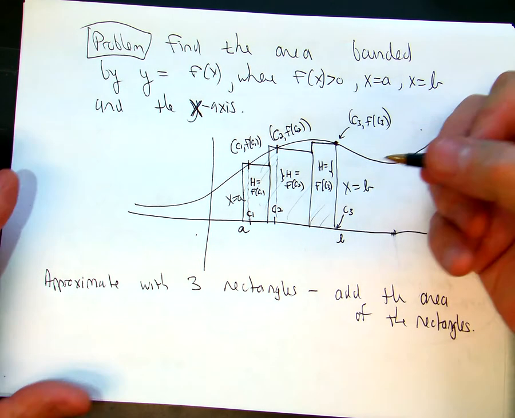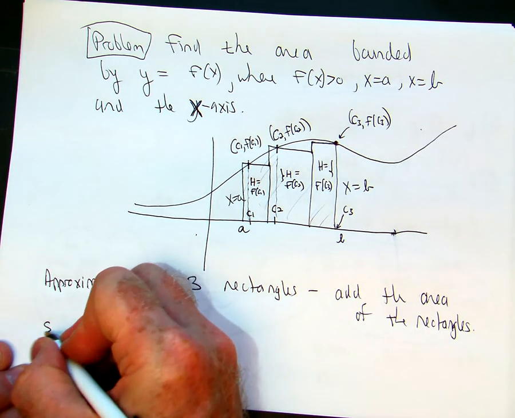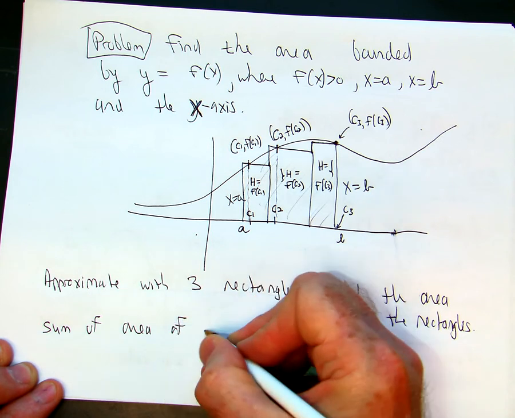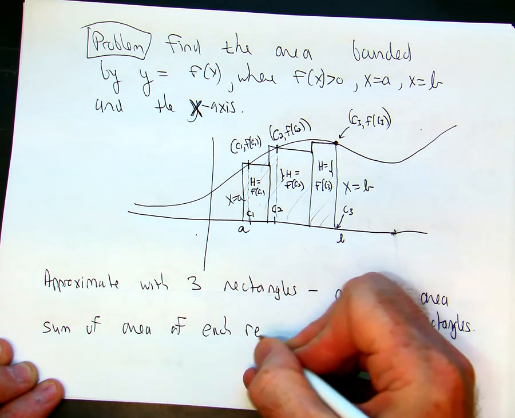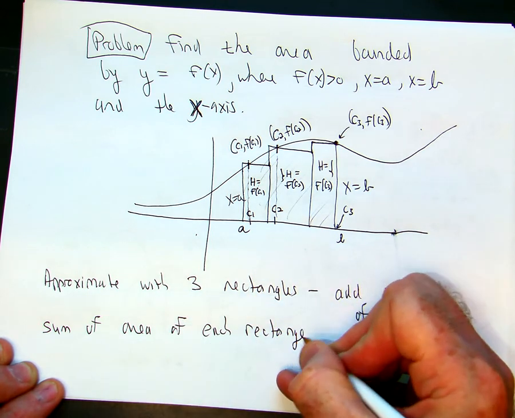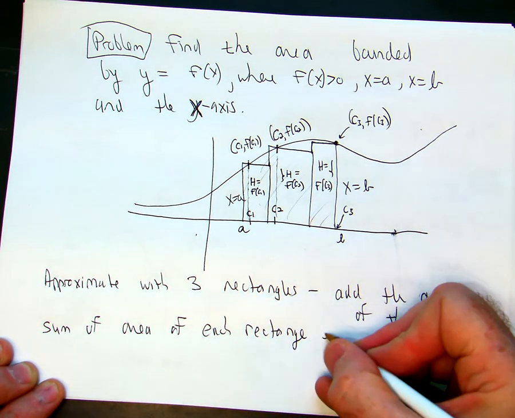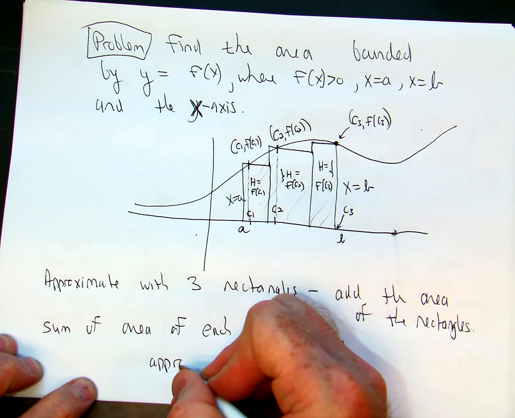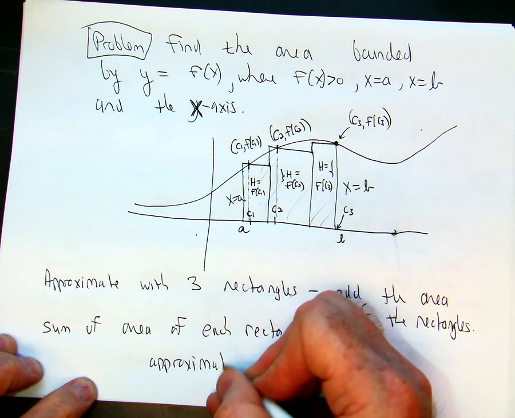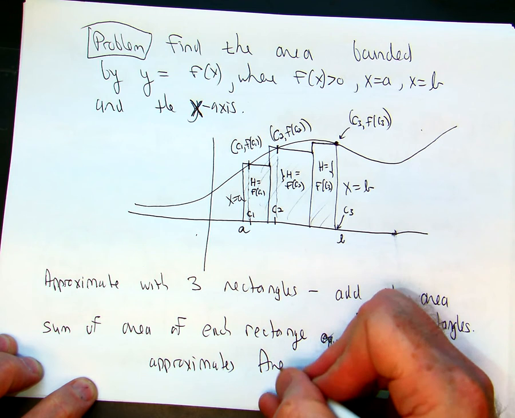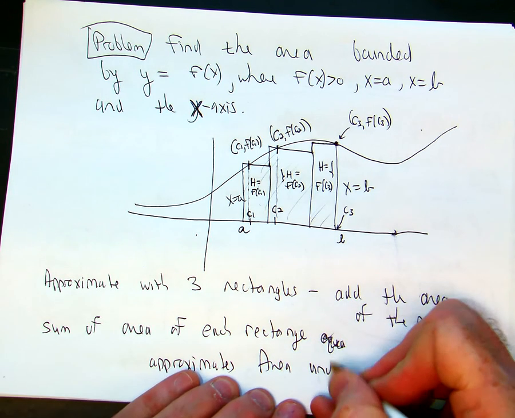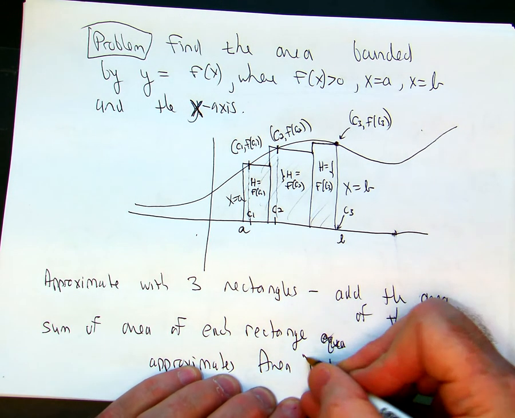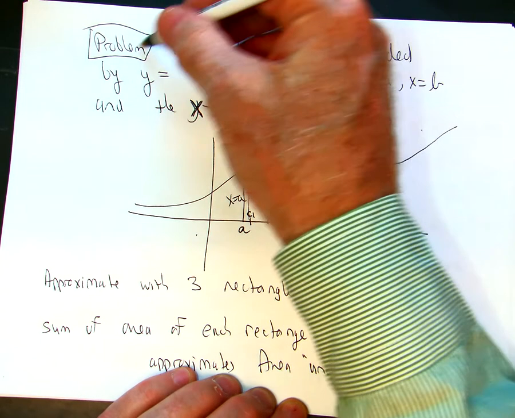So what I'm going to say is that the sum of the areas of the rectangles approximates the area under the graph, meaning this area under here.